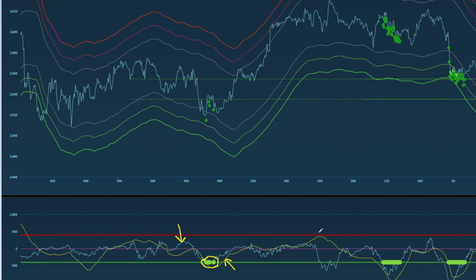So what it basically means is that these indicators are actually showing the force behind the transaction flow, right?